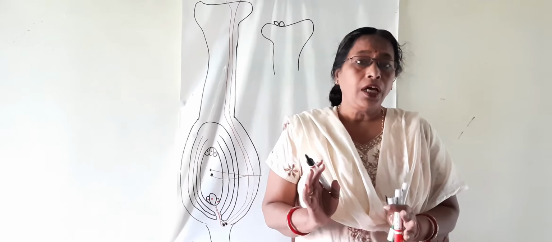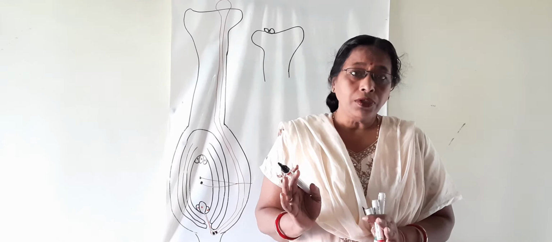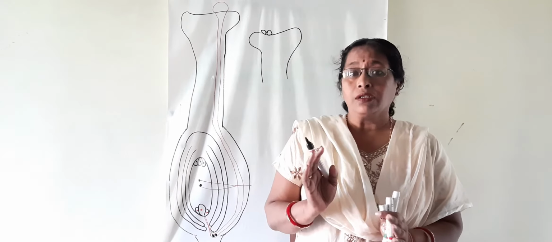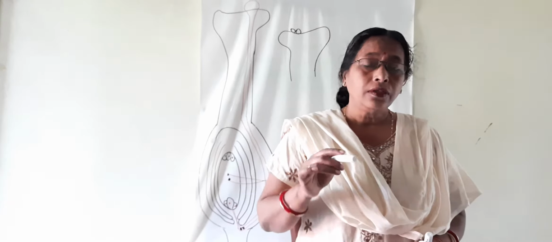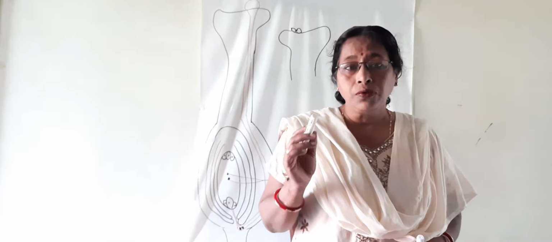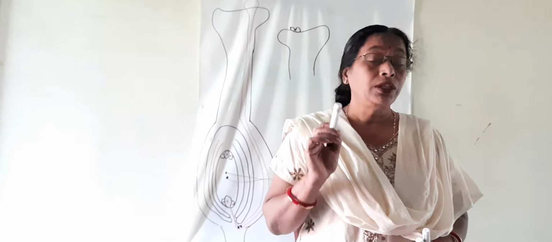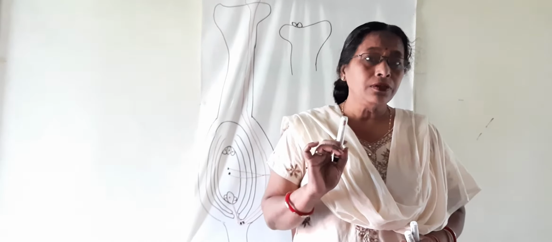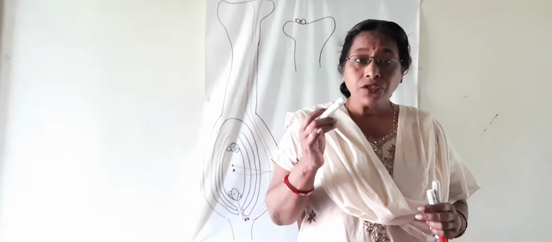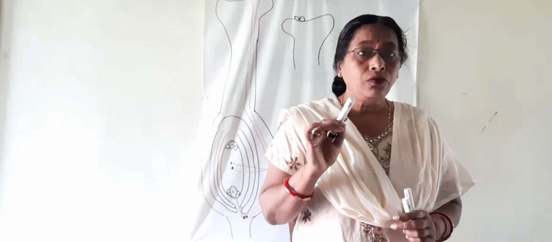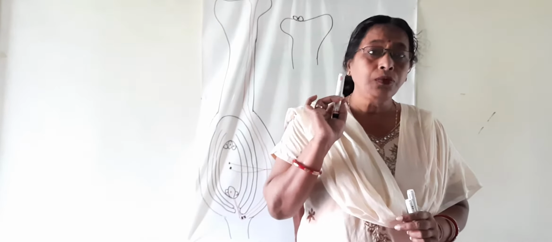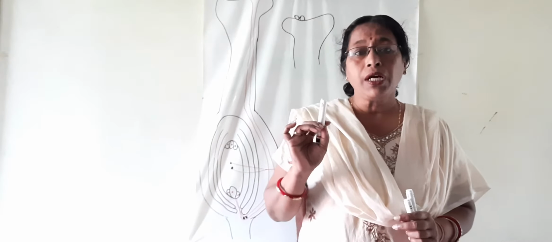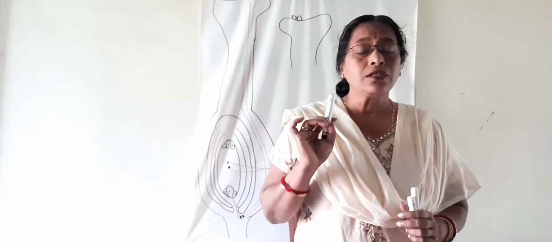The pollen grain has to be compatible, so a stigma continuously interacts with the pollen grains to find out whether the pollen grain is compatible or incompatible. Now this interaction, or the dialogue between the stigma and the pollen grain, is mediated by some chemical substances which are released by the stigma only.